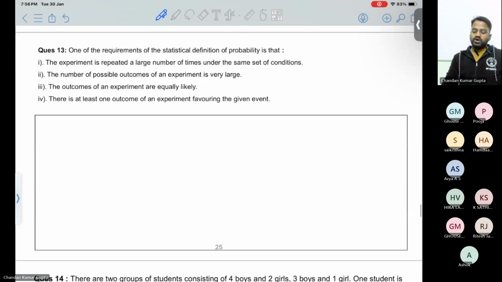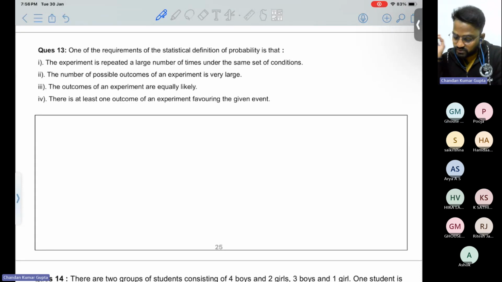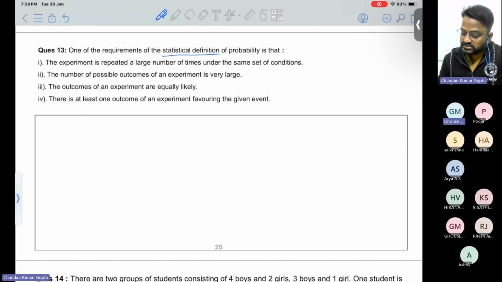Okay. Again, one of the requirements of the statistical definition of probability is that the experiment is repeated a large number of times under the same set of conditions. We are talking about the statistical definition, that is, the empirical definition. So is it correct or not? The number of possible outcomes of an experiment is very large. The outcomes of an experiment are equally likely. There is at least one outcome of an experiment favoring the given event.